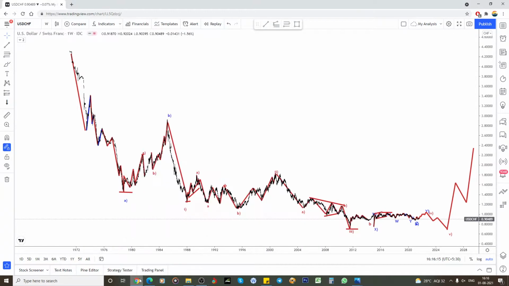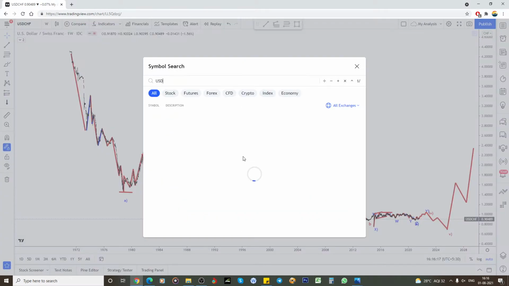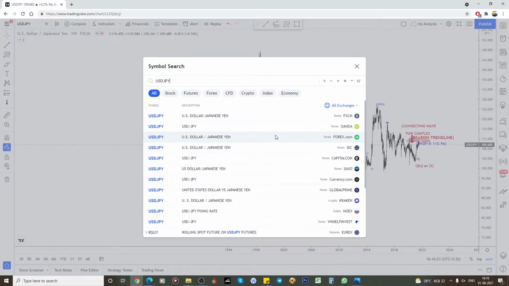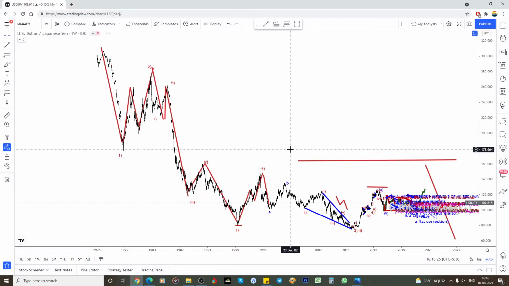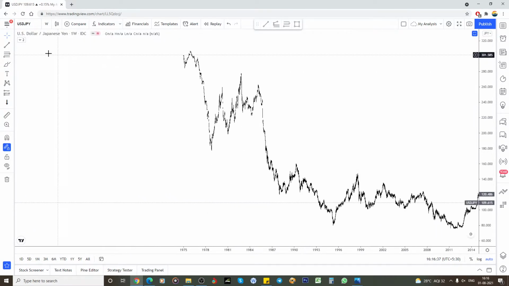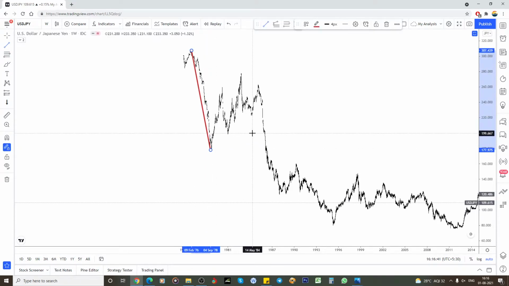Okay, I will do one thing, the top to bottom analysis in USD JPY. So USD JPY also goes for that. Yes, the same thing I already did here, but again I'm going to delete it for you. I already did it now. So this is a deeper wave 1.